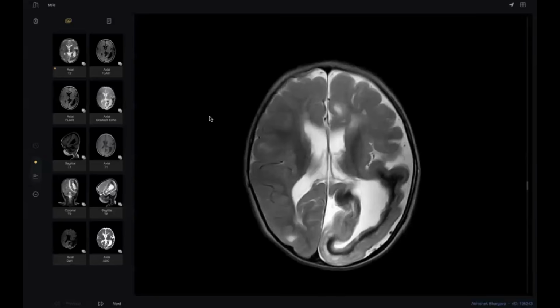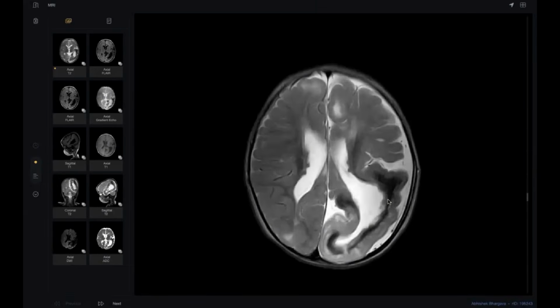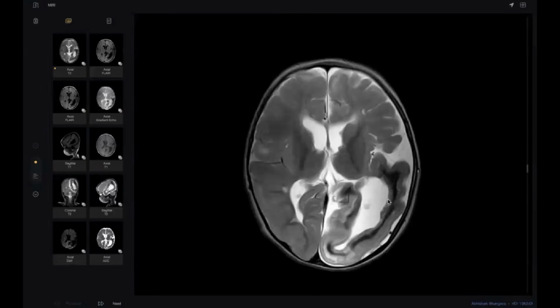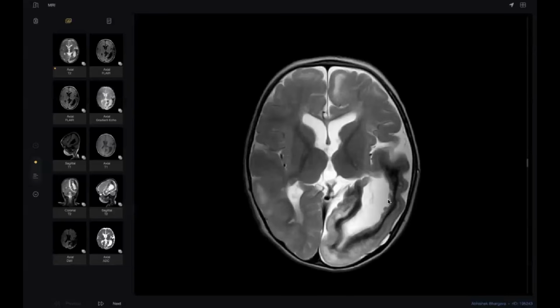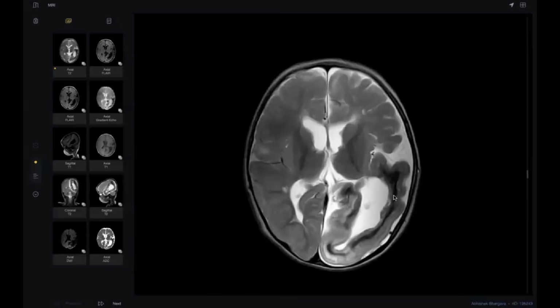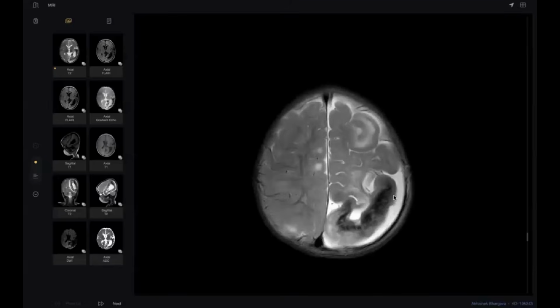And even the image itself is very suggestive of some ischemic changes and encephalomalacia, like our candidate did. Exactly. Any one of us presented with this case will start by describing these areas as post ischemic changes and encephalomalacia.